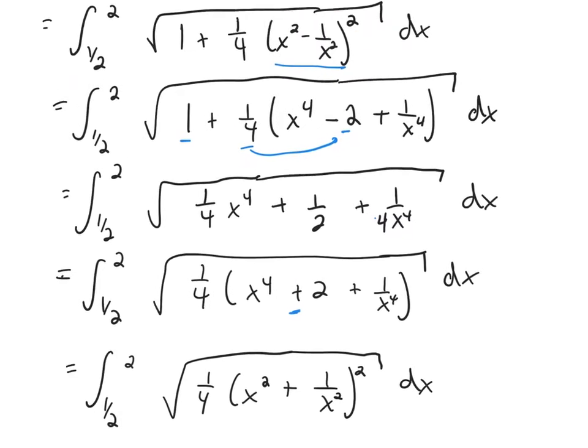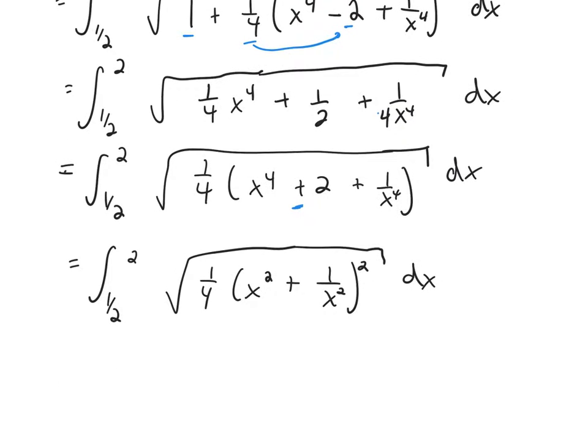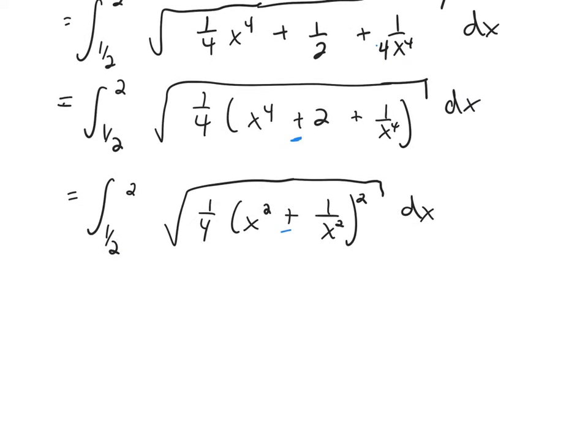You just have to change the sign that occurred here in the middle. And now when I take the square root, I'm going to get 1/2 (x squared plus 1 over x squared).